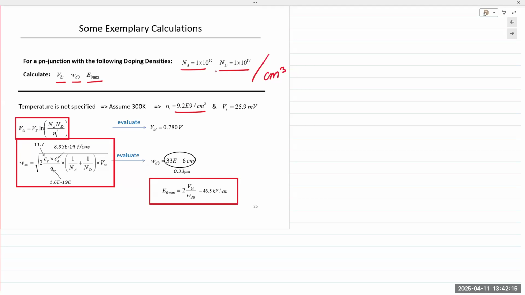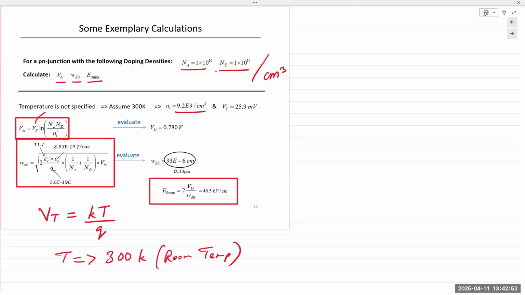Then the fourth quantity is VT, thermal voltage. Thermal voltage, as I pointed out last class, is KT over Q. At room temperature, if you take T as 27 degrees C, you can take T as 300 Kelvin, and that is accepted as room temperature.